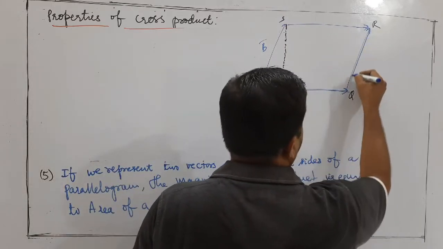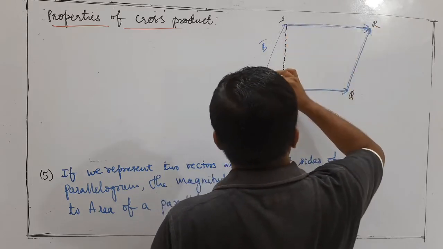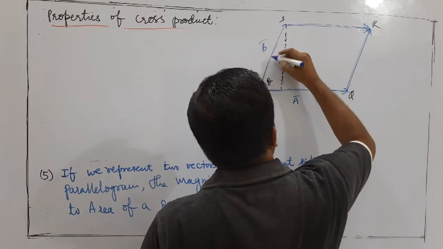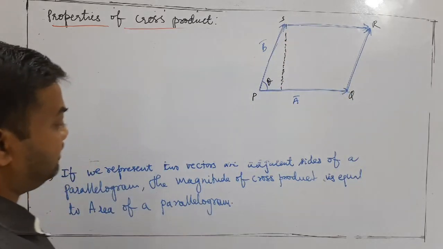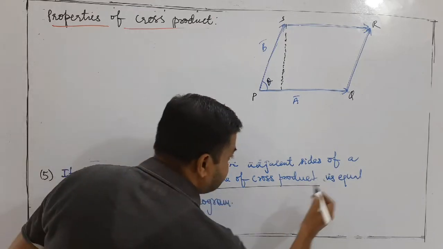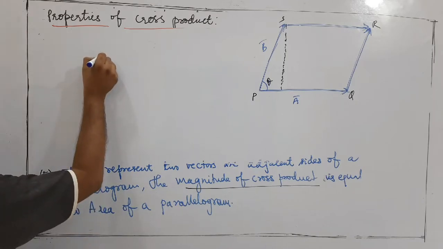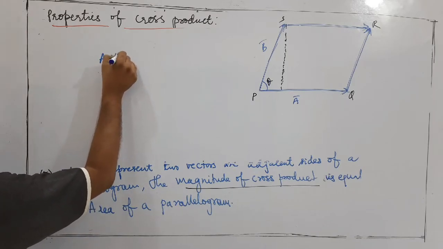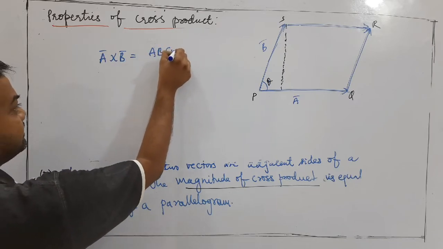This is what we have, parallelogram. Okay, parallelogram. What is the next point here? The magnitude of cross product. The magnitude of cross product means here I will write A bar cross B bar is equal to AB sin theta.